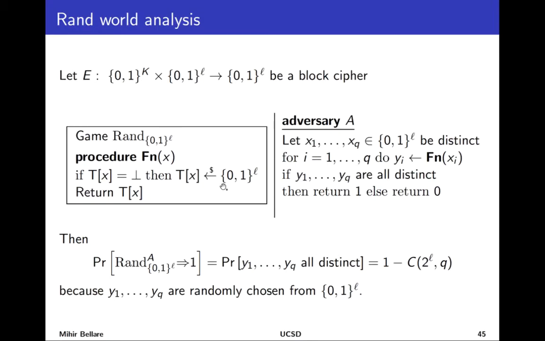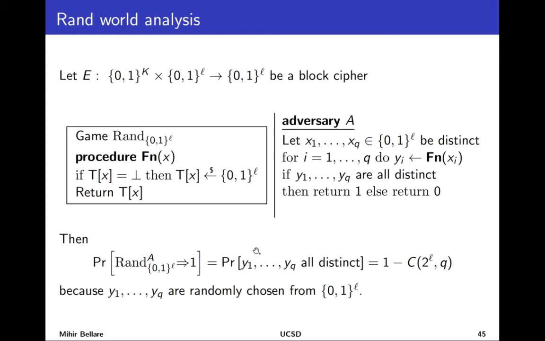So what are these replies? Well, they're random L-bit strings. So the probability we're interested in is, if I pick q L-bit strings at random, how likely are they to be all different? Okay, now that a priori may not be a very simple question. If we had never discussed the birthday problem, you might mull over that a little bit.